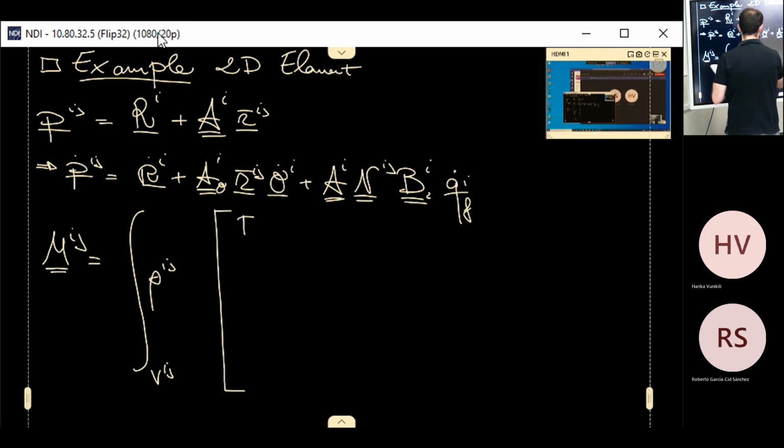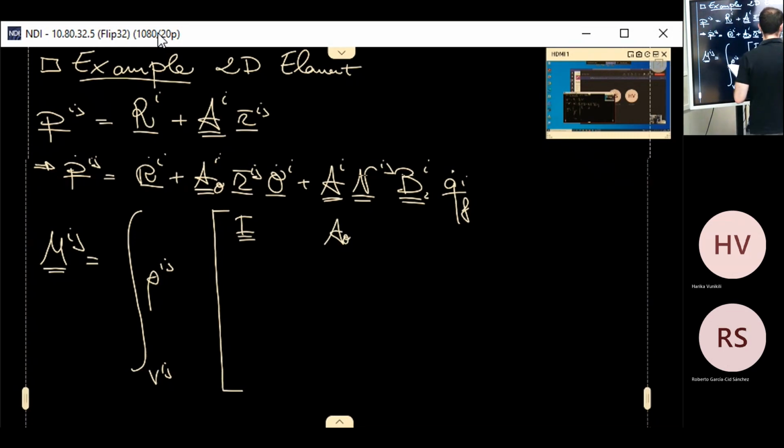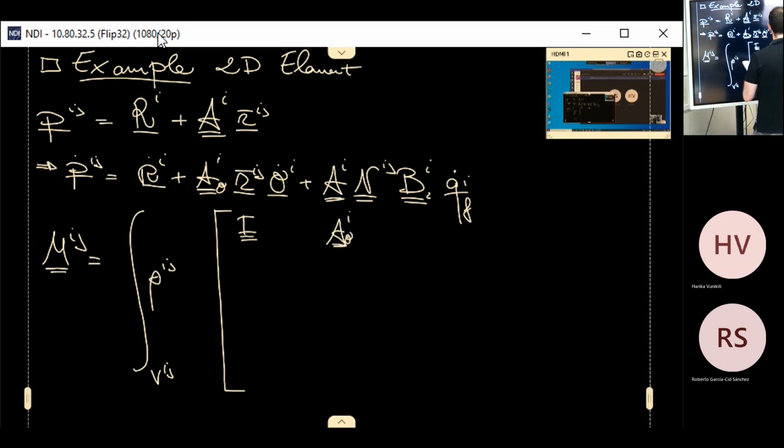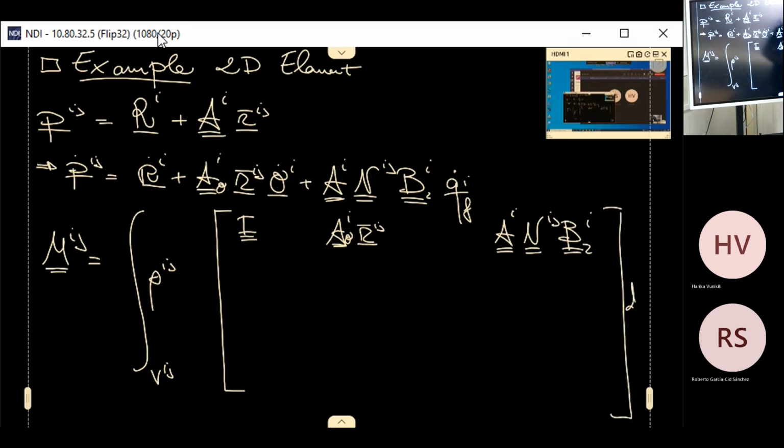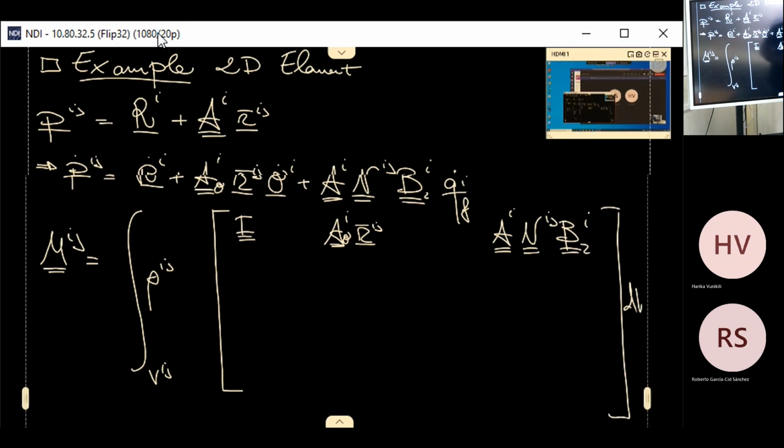We had the identity matrix, we had A-theta_i R-bar_ij, and then we had A_i N_ij B2_i, dV.